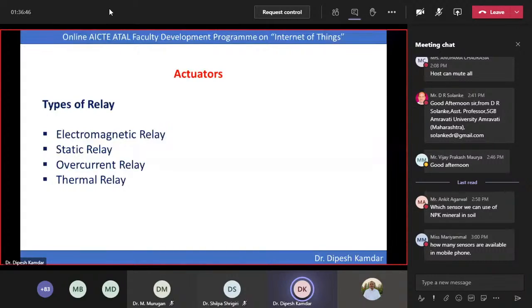Relay is basically working as an isolator between your circuits. Sometimes we need to take care while using a relay, because it works by combining the AC and DC power.